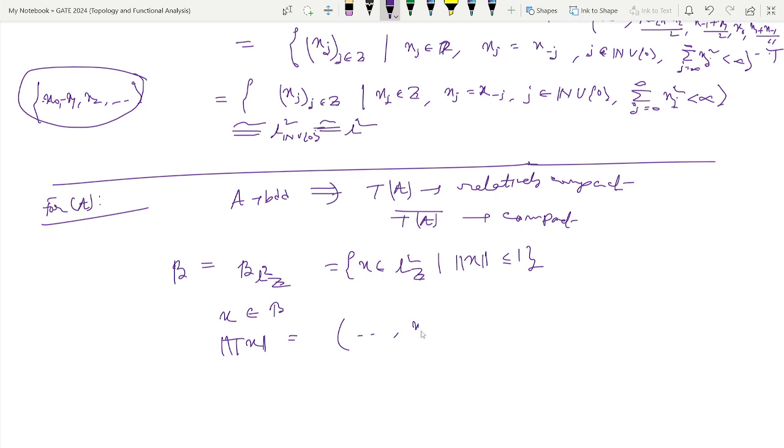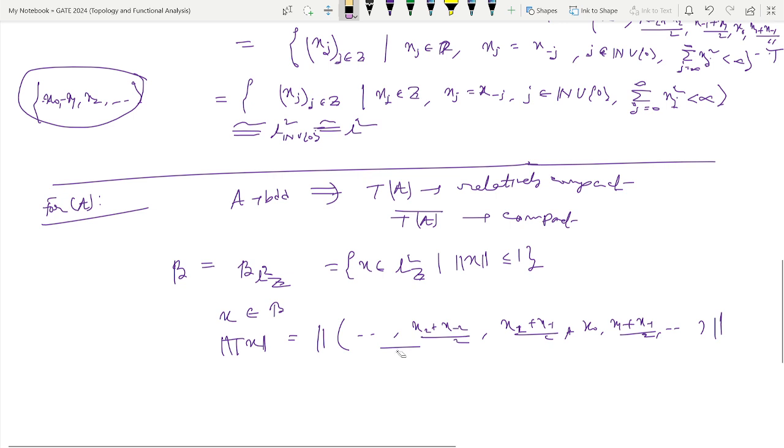So this element is like this: x2 plus x minus 2 by 2, comma x1 plus x minus 1 by 2, comma x0, comma x1 plus x minus 1 by 2, and so on. The norm of this element is simply the summation over j from minus infinity to infinity of xj plus x minus j by 2, whole square.